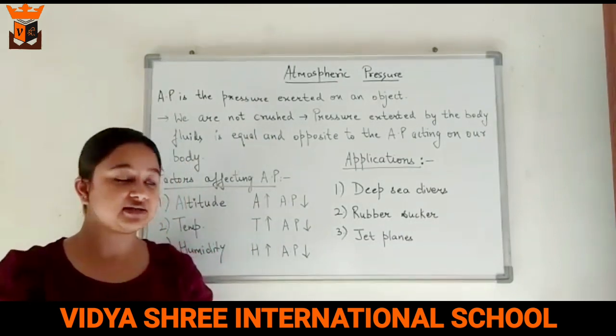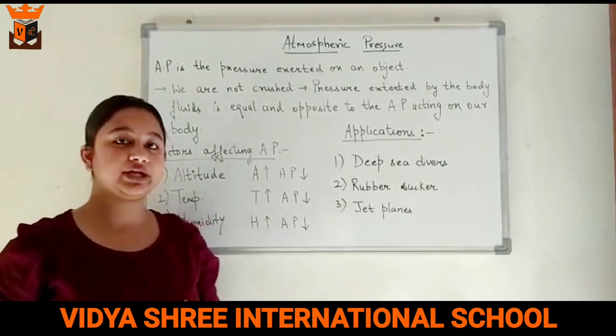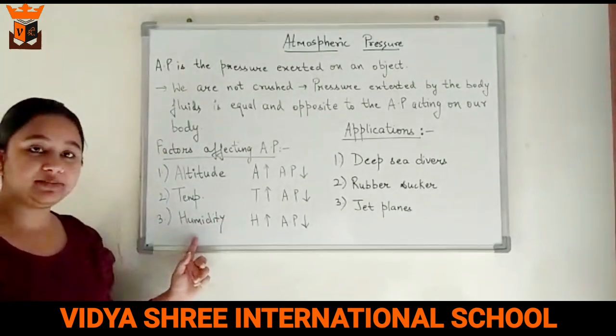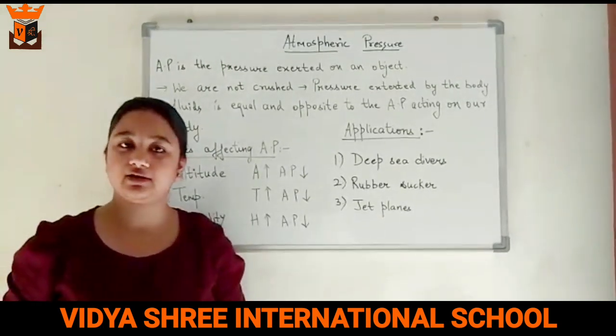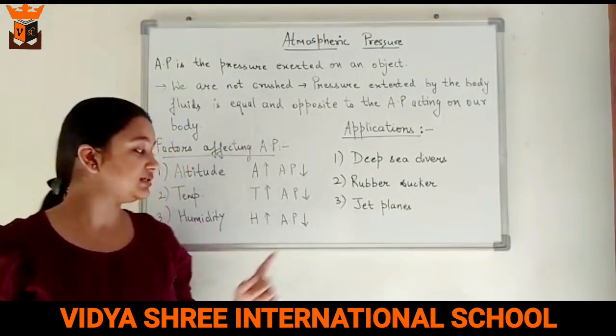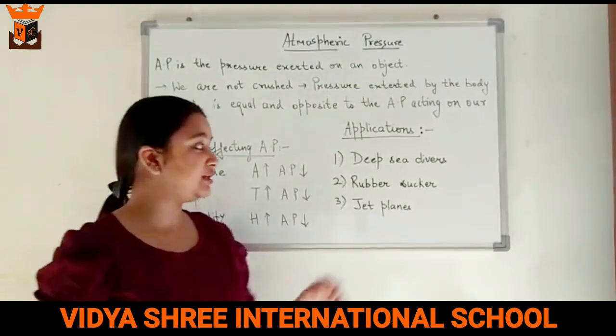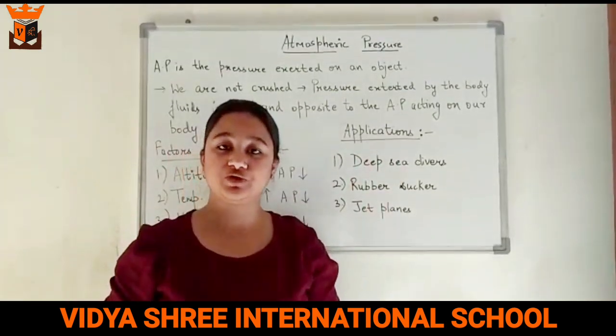So less dense air means low atmospheric pressure. The third one is humidity. Humidity means the water content in the air, and humid air is lighter than dry air, which results in less atmospheric pressure. Moving to the last topic of this chapter, that is applications of atmospheric pressure.